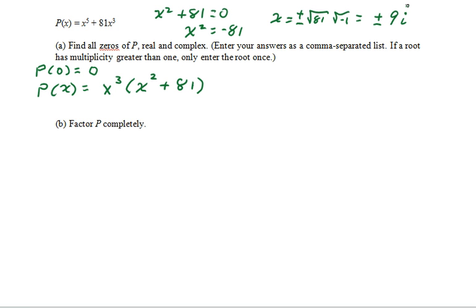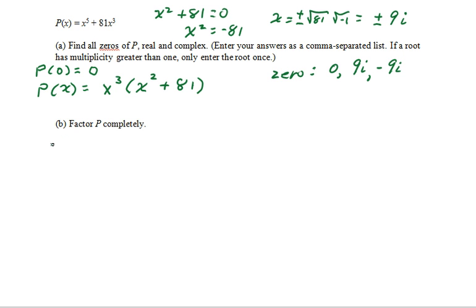And so the zeros for p of x are actually 0, 9i, and negative 9i.